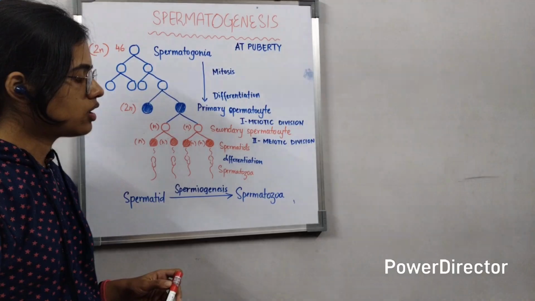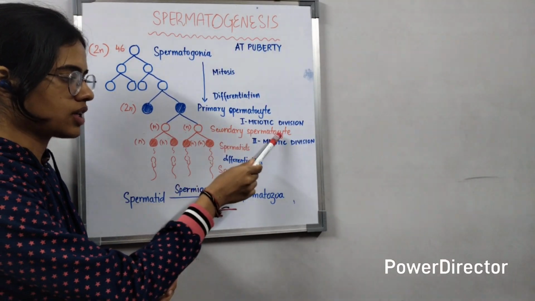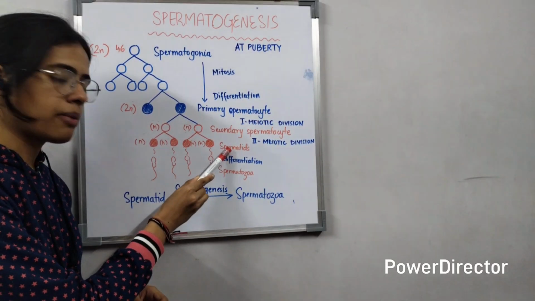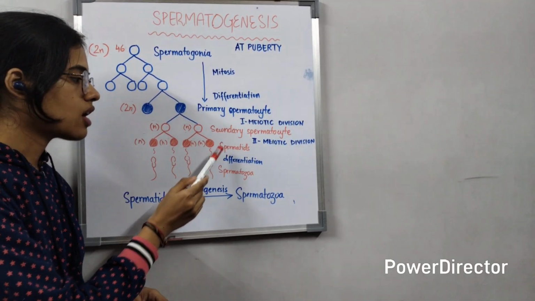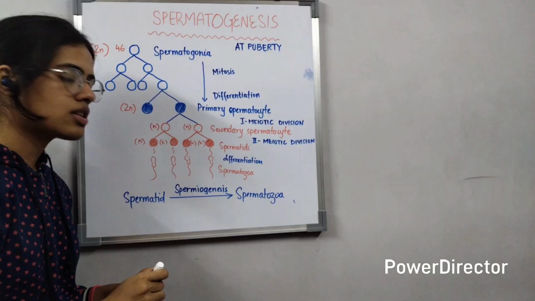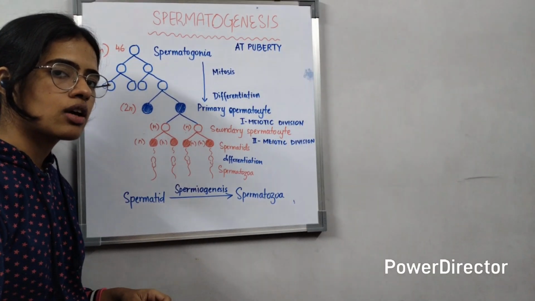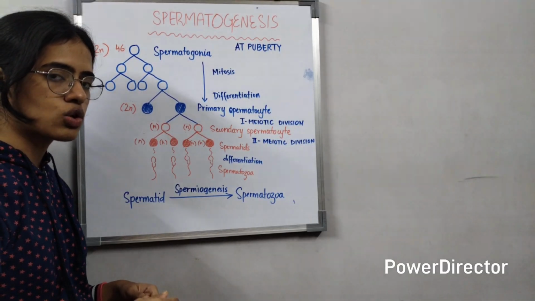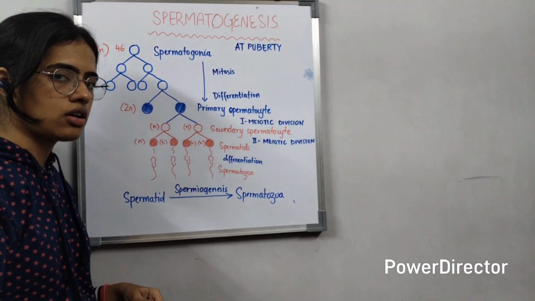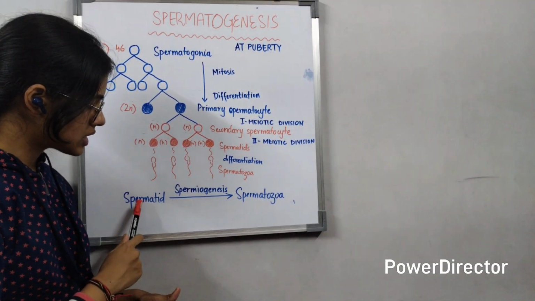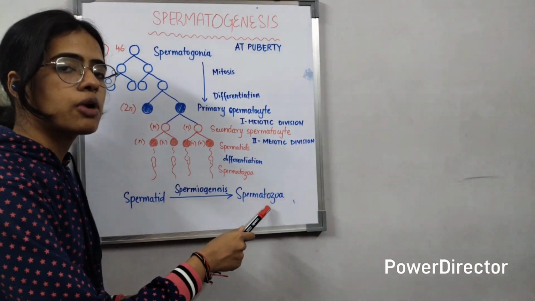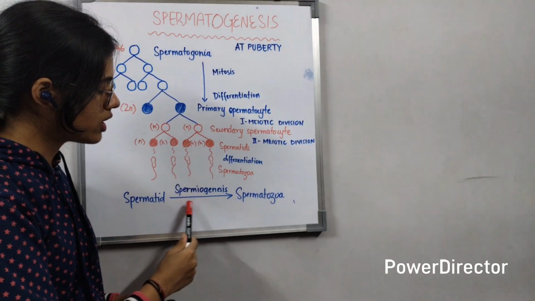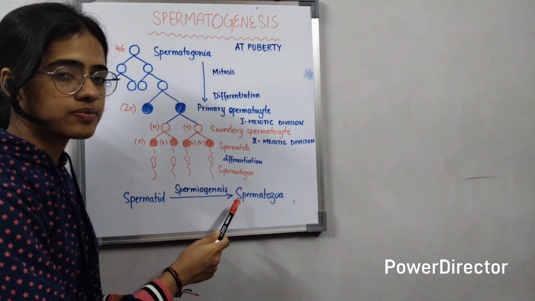Now, if you look at this carefully, the secondary spermatocyte undergoes the second meiotic division and it forms the spermatids. The spermatids are almost a male gamete, but they develop certain features which make them suitable for reproduction. The development of the spermatids into the spermatozoa or the sperms is called spermiogenesis.